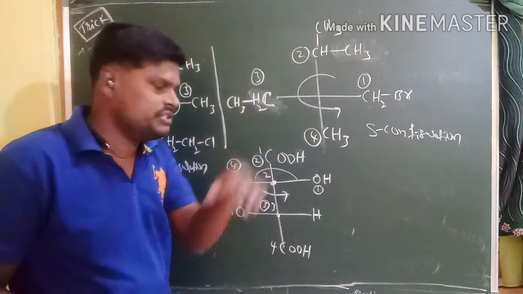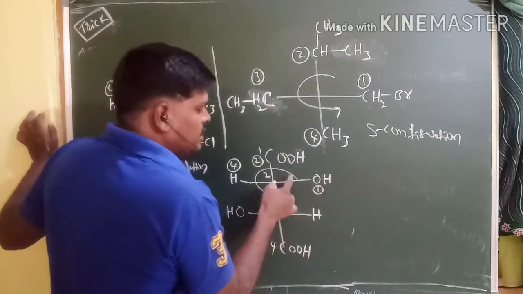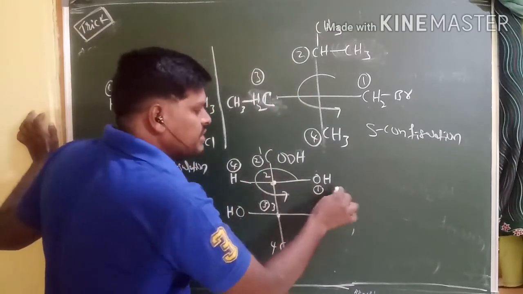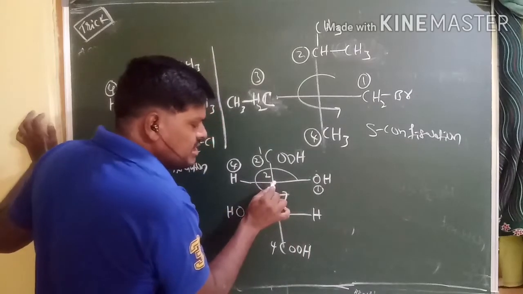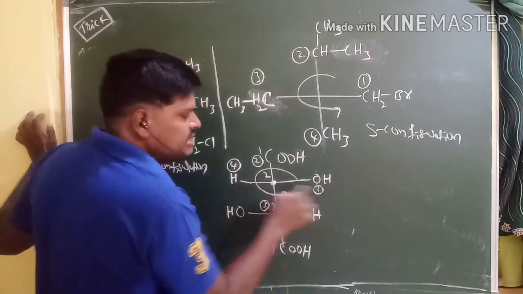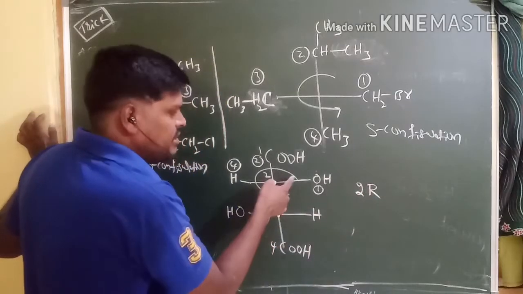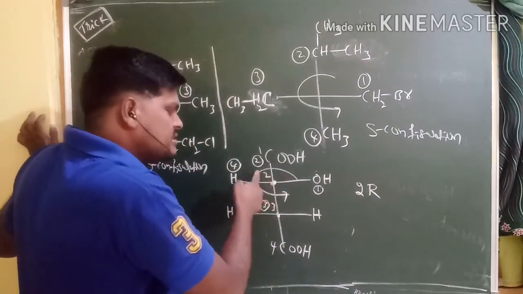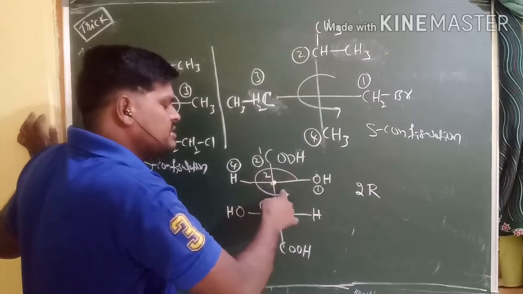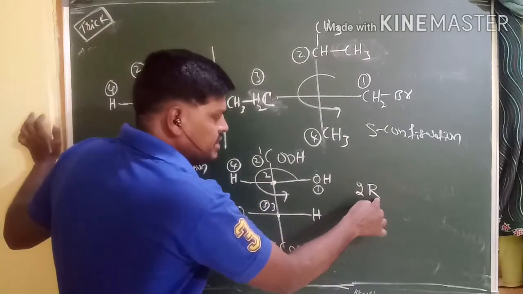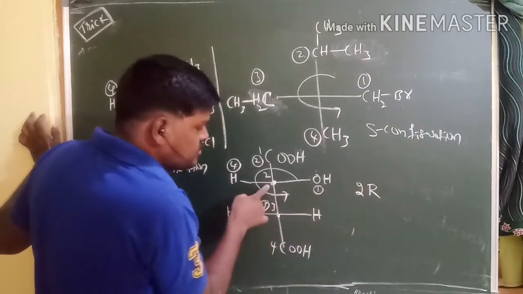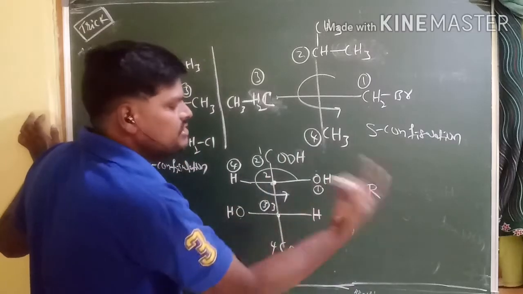That's why you should take the opposite one. That means anti-clockwise direction, S configuration, but what is the number for the chiral center? 2. So what is the configuration for this one? 2R configuration, because actually the expected is anti-clockwise direction, I mean S configuration, but the opposite one is R configuration. The 2 belongs to the second carbon, that means the second chiral center.